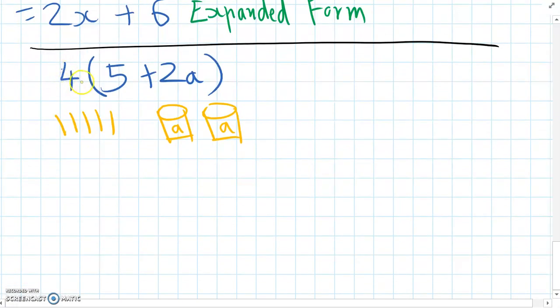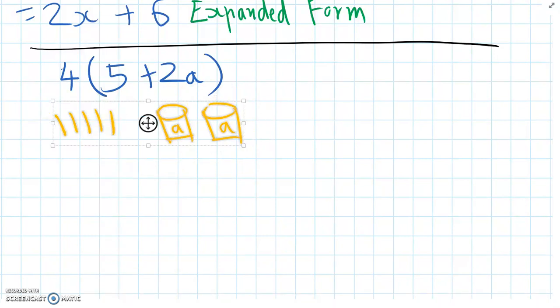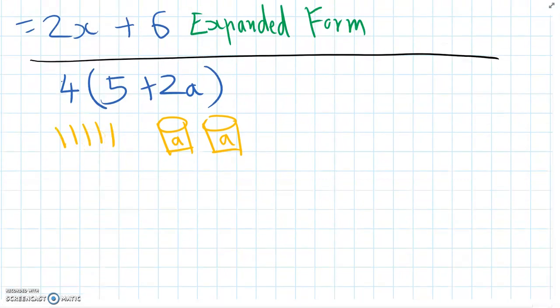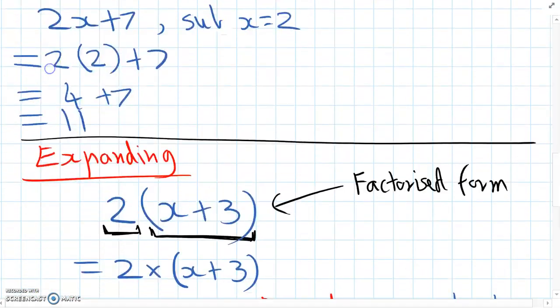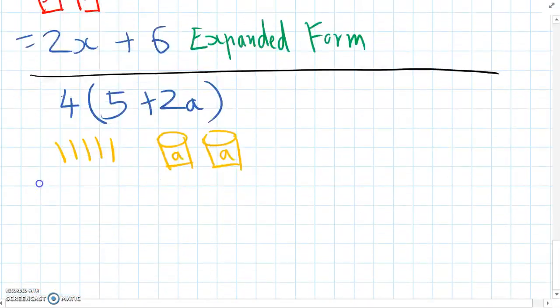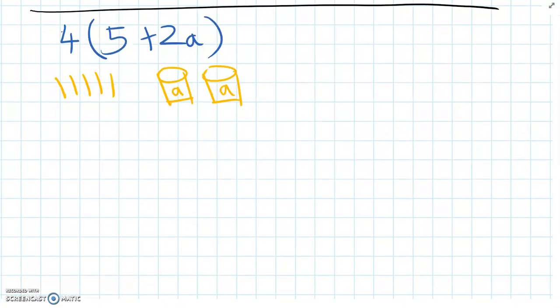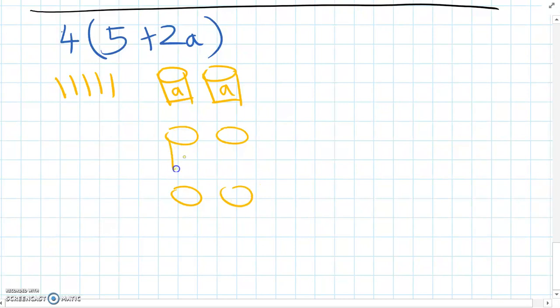But now we have 4 in front of the brackets, which means 4 times. So we actually need 4 of this group here. So we'll need to draw another group of 2 cups, and another group of 2 cups, and another one.